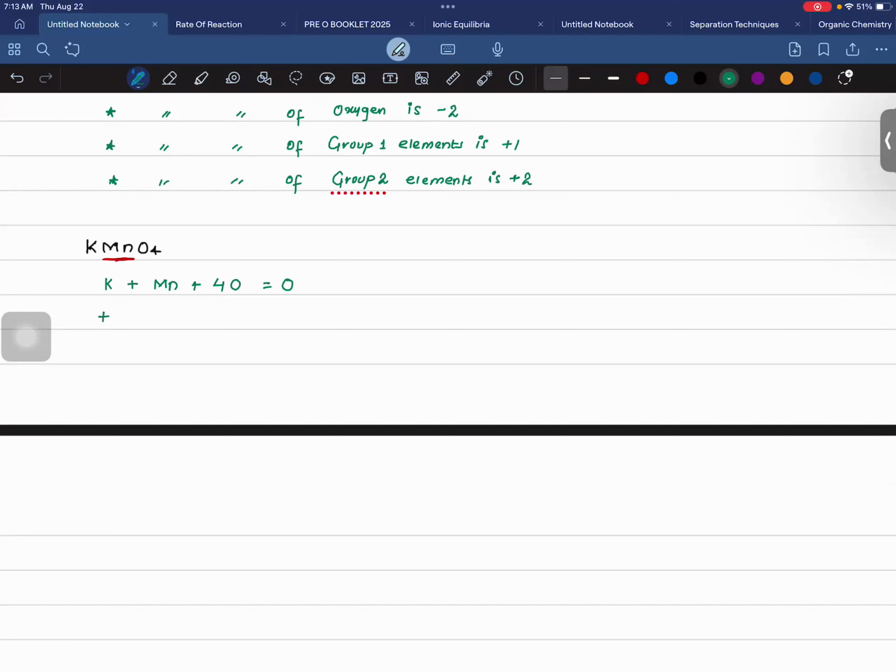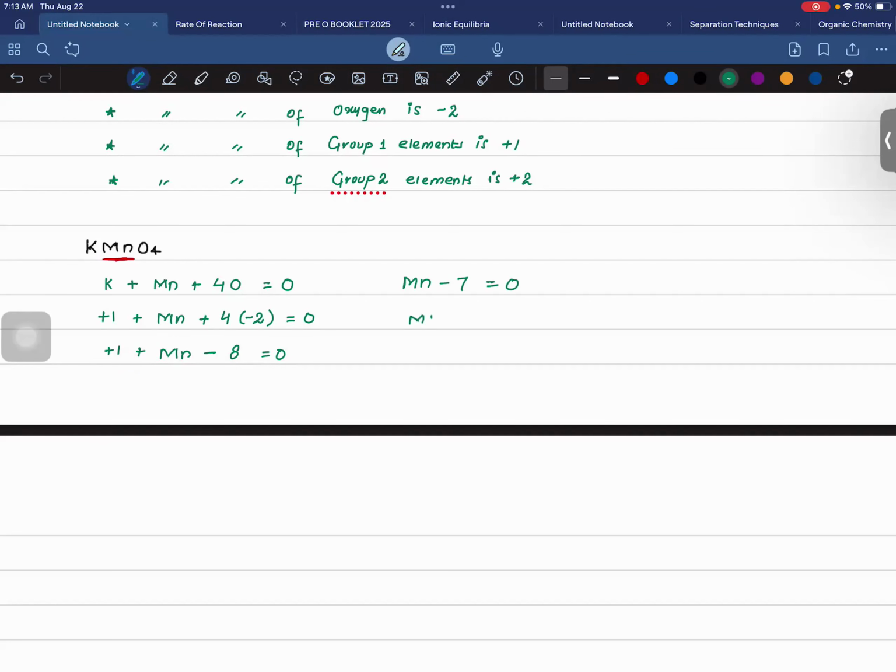Potassium is +1, Mn is unknown, which we have to find out, and 4 oxygens, each -2, equal to 0. So +1 plus Mn minus 4 into 2, which is 8, equals 0. So Mn, this is +1 and this is -8, so Mn minus 7 equals 0.